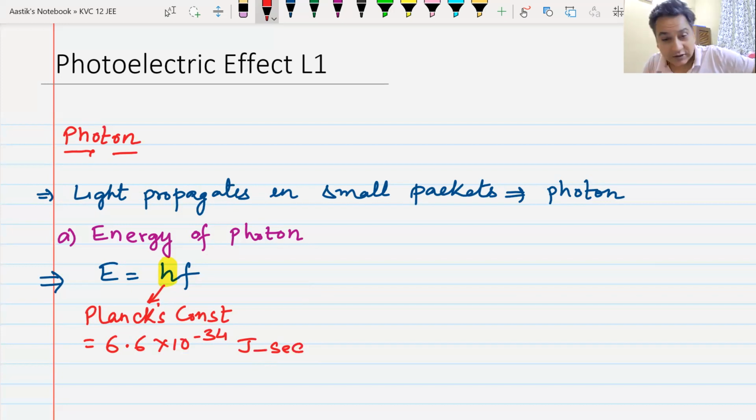A lot of questions have been asked on this h. Basically, in units and dimensions, I have seen a lot of questions in previous years where they make h, the Planck's constant, one of the fundamental units. h, G, and c, they make units like this. So remember, Planck's constant is energy per unit frequency, or energy multiplied by time.